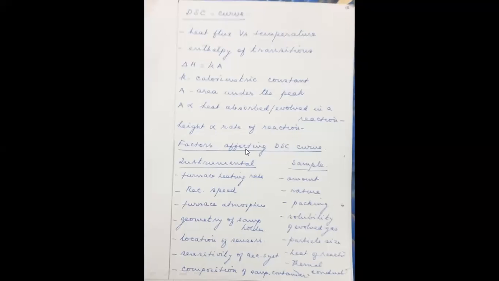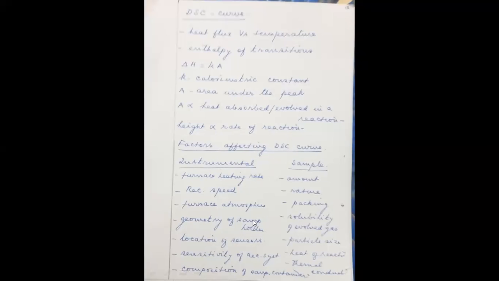Now, factors affecting the differential scanning calorimetry curve. On one side, instrumental, and on this side, the sample. In the instrumental side: furnace heating rate, recording speed, the furnace atmosphere, the geometry of the sample holder. Why geometry of the sample holder? It depends upon the surface area.